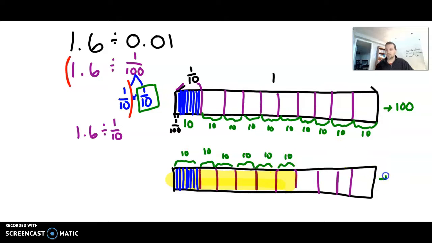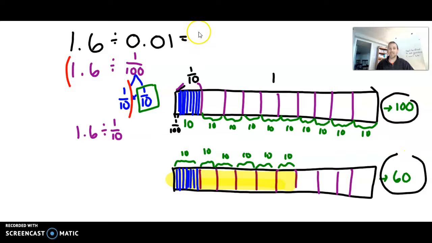So in this model, in the 6/10, there's really 60 of them. 60 parts. How many do we have all together? Well, we have our 100, and we have our 60. So we're going to get 160 pieces, 160 parts, or 160 hundredths if we had to put a proper label to it.